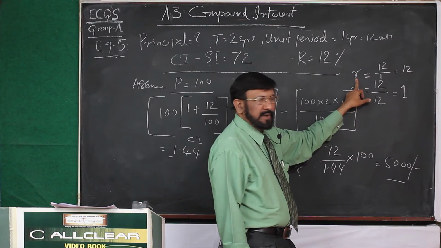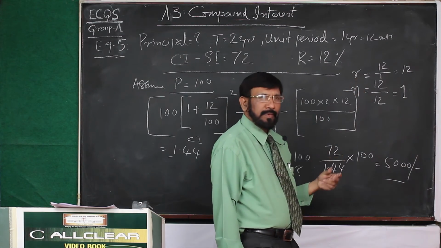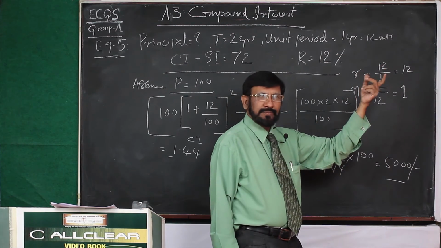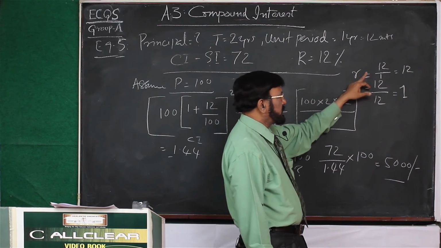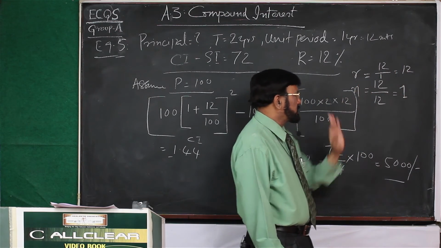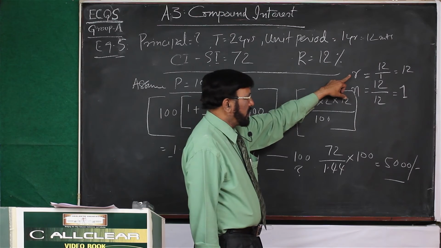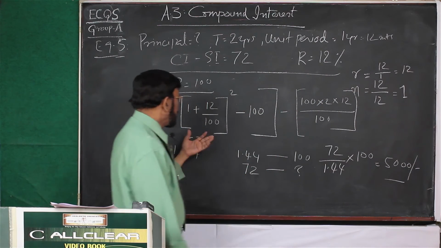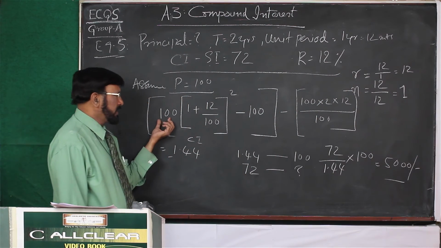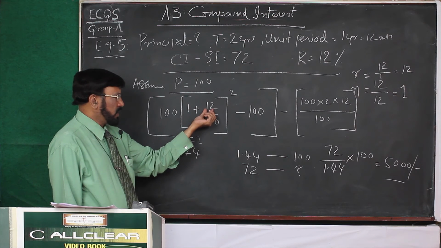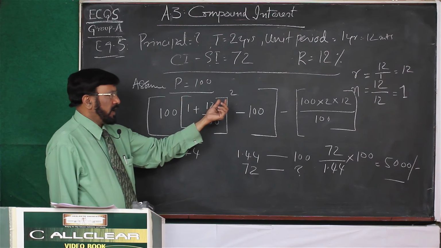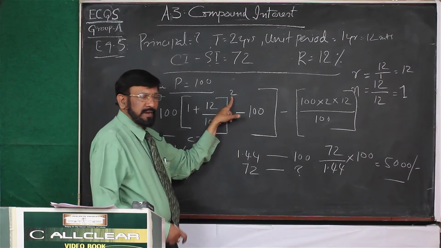Next, rate adjusted for the unit period. Rate is given for 1 year and unit period is also 1 year. So 12 by 1, 12%. We have calculated small r and n. Now substitute in the formula: 100, 1 plus small r, 12 by 100, and this is t and n.